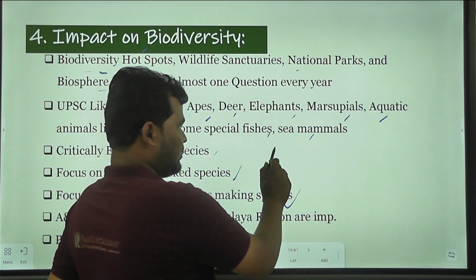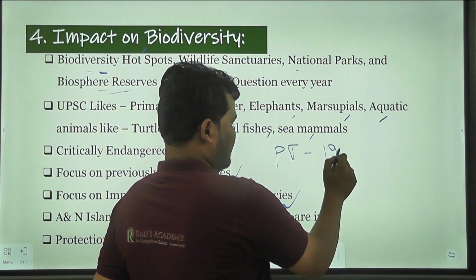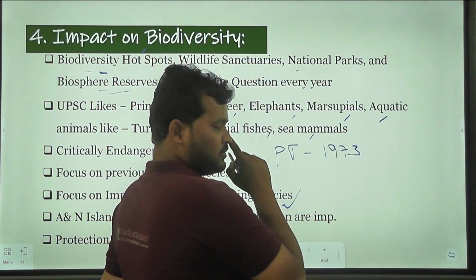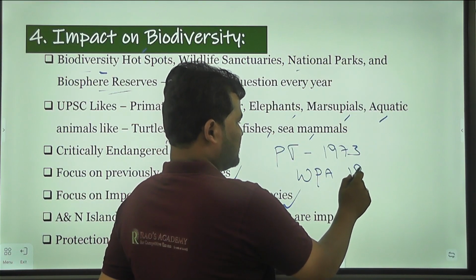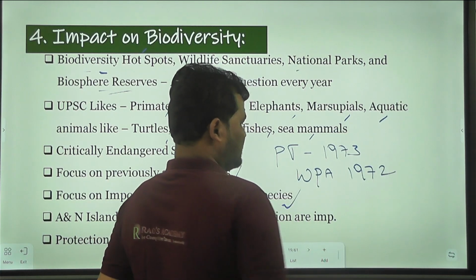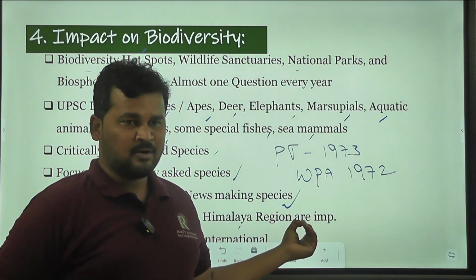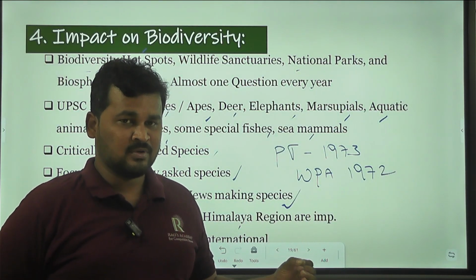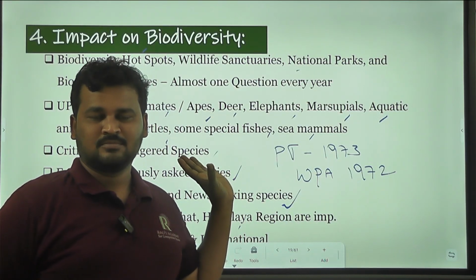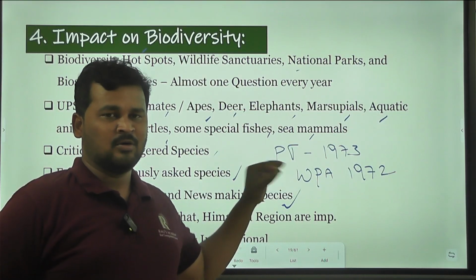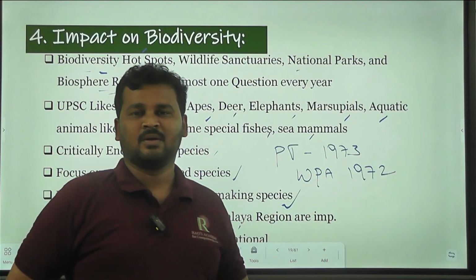The Government of India launched Project Tiger in 1973, on the basis of the Wildlife Protection Act, which came into effect in 1972. As per the guidelines of the Wildlife Protection Act 1972, the Government of India launched Project Tiger in 1973 for what?